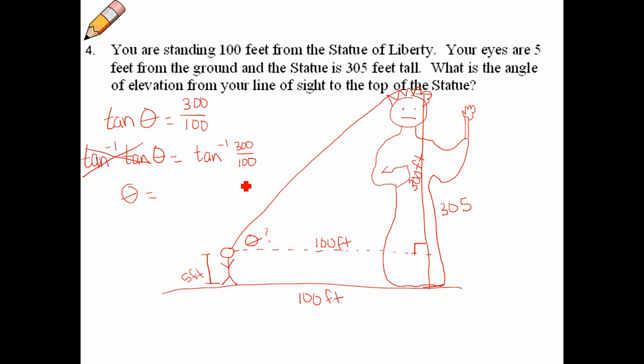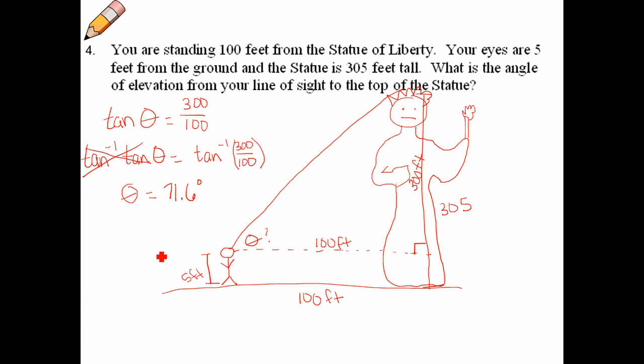And now I just need to type in my calculator tangent inverse of 300 divided by 100, which is really just the number 3. Now the tangent inverse button is located above your regular tangent button, and usually you have to hit the second button in order to get that one to appear on your screen. So I'm just going to type in tangent -1 of 300 divided by 100, and you end up with 71.6.